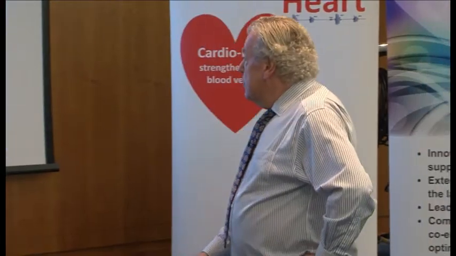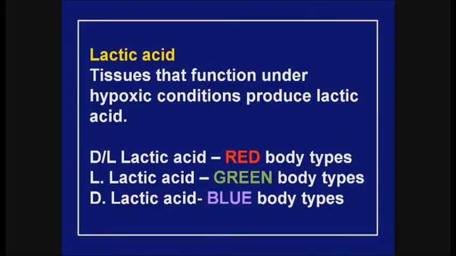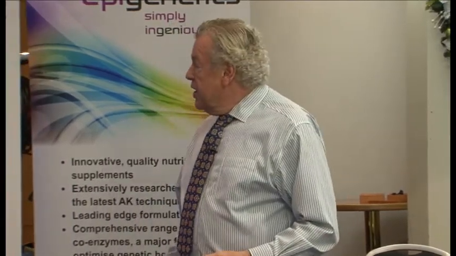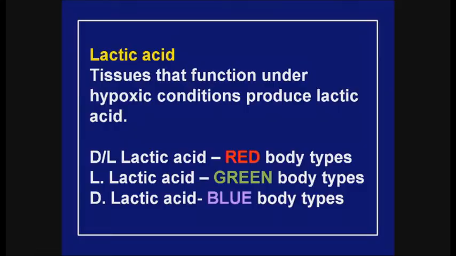So we've looked at this one in more detail. We talked about lactic acid, tissues that function under hypoxic conditions. In other words, you've gone anaerobically, you've got no oxygen, if you like, functionally there, so you will shunt that into producing lactic acid. We find functionally the different sort of body types, which we call red, green and blue, tend to correspond with the types of lactic acid that are produced.